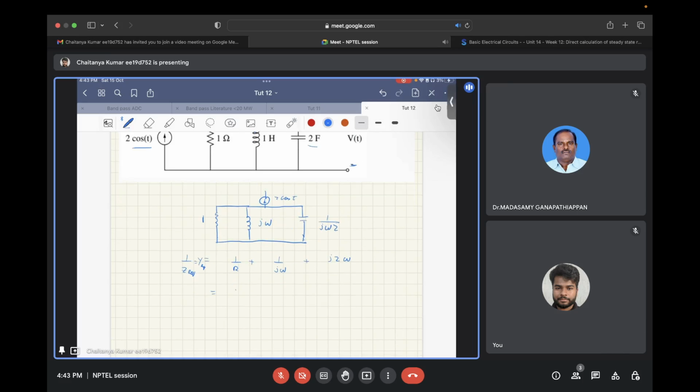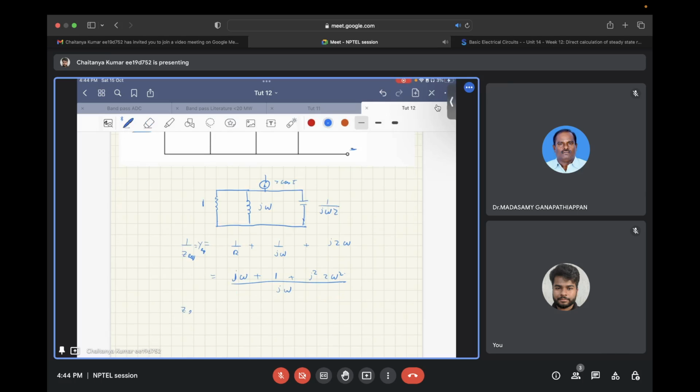R is equal to 1, so it's j omega plus 1 plus j squared 2 omega squared, and now divided by j omega. So the equivalent impedance is j omega divided by minus 2 omega squared plus j omega plus 1.